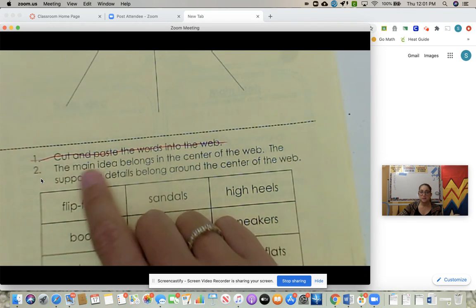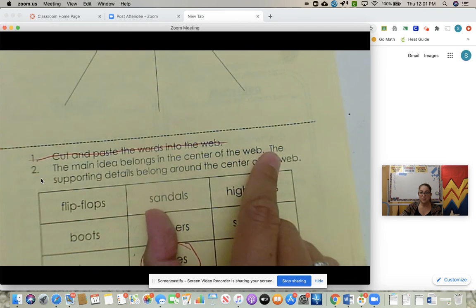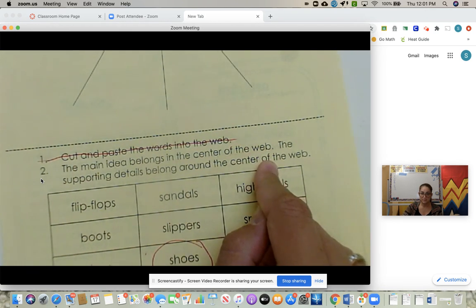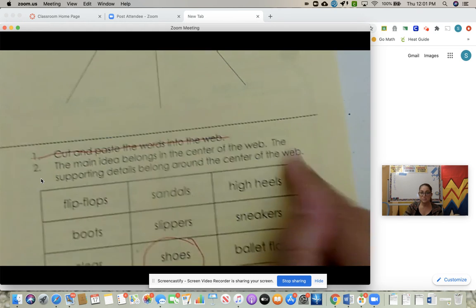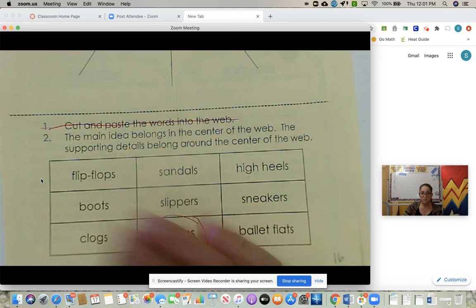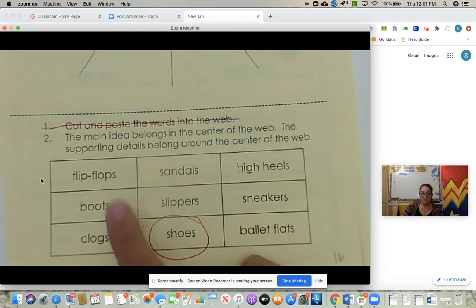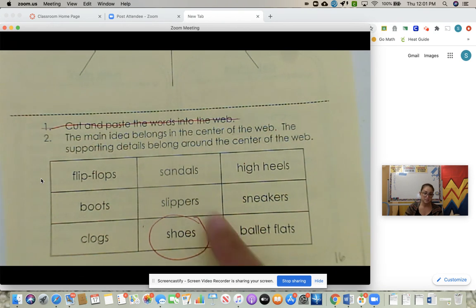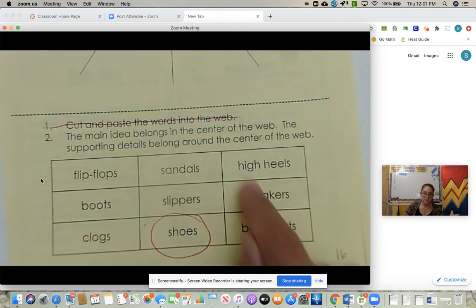And the main idea belongs in the center of the web. The supporting details belong around the center of the web. So we read all these words and we asked ourselves, what do they have in common? One of them was the main idea. Flip-flops, boots, clogs, sandals, slippers, high heel sneakers, ballet flats. Shoes are what they all have in common.